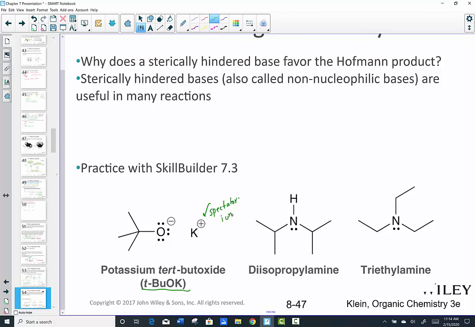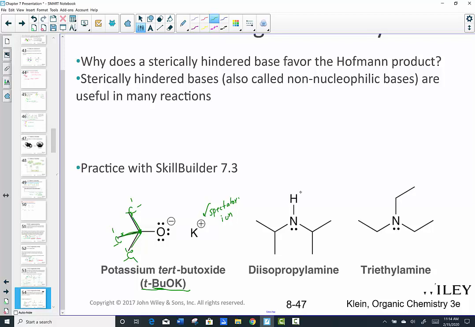It's only there to keep charges electrically neutral. But here, this is a big, bulky base, all of these carbons with their 3 hydrogens coming off. So tert butoxide, 1, 2, 3, 4 carbons is the but, and this carbon has 3 carbons coming off. That's the tertiary part, tertiary butoxide.